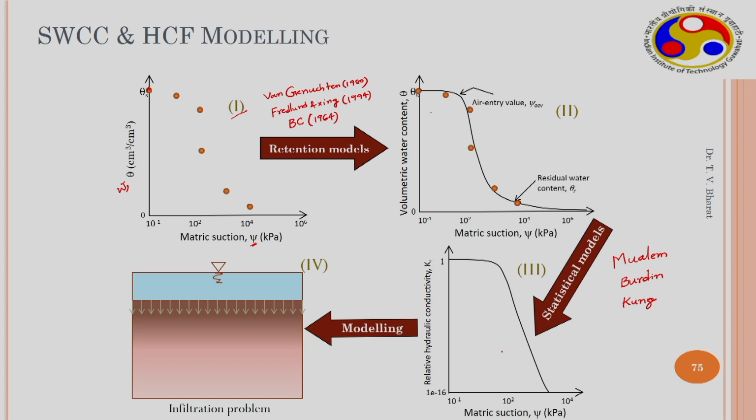In the previous class, we discussed how to obtain the hydraulic conductivity functions by knowing the SWCC model parameters: a, m and n in Van Genuchten, and a, m, n, Cr parameters in the Fredlund and Xing model. Once these parameters are known, using different statistical models like Mualem, Burdine, etc. or Kunzel, we have analytical solutions for a few cases, and for a few cases we have to solve numerically, and we can obtain the hydraulic conductivity function like this.